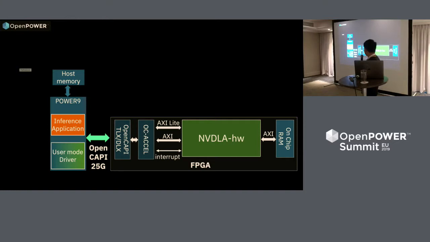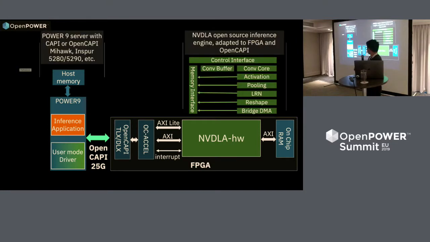This NVIDIA hardware is comprised of different engines. So this is the structure of the NVDLA hardware architecture. They have different engines: convolution, activation, pooling, LRN, reshape, bridge, DMA, and they come together.